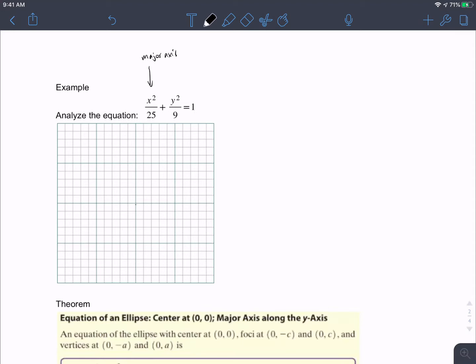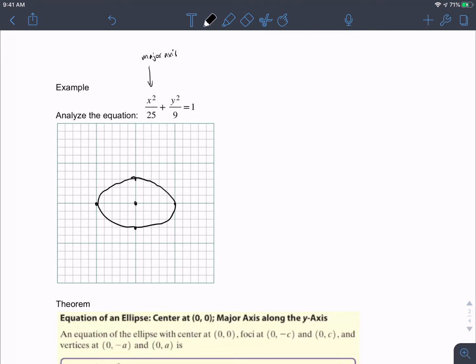Since the center is at the origin, plus and minus 5 are the major axis points, and the square root of 9 is 3, so plus and minus 3 for those points. And so my ellipse is going to be this.